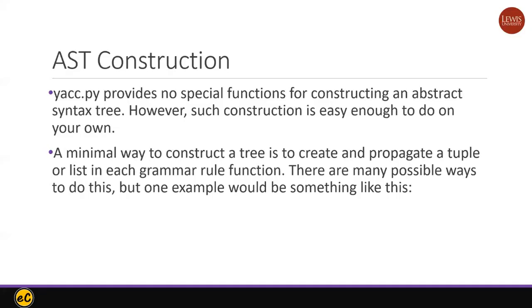PLY provides no special function for constructing an abstract syntax tree. However, such construction is easy enough to do on your own. A minimum way to construct a tree is creating and propagating tuples in the grammar.